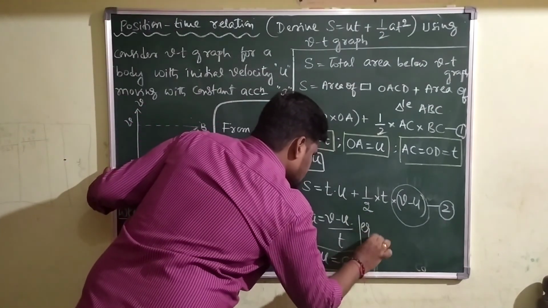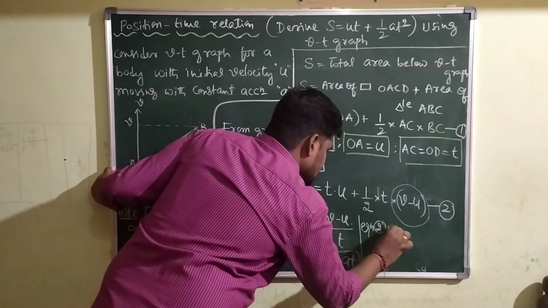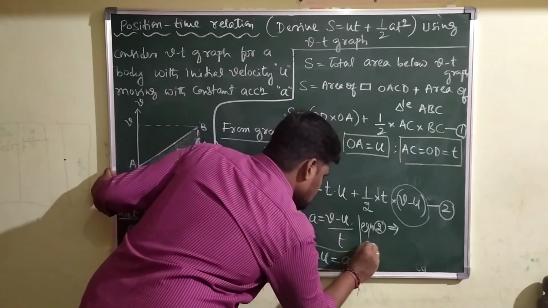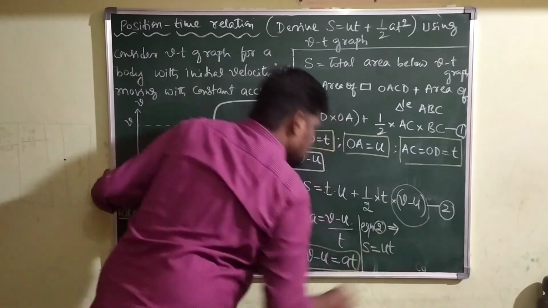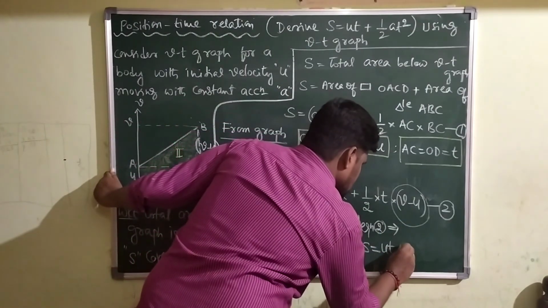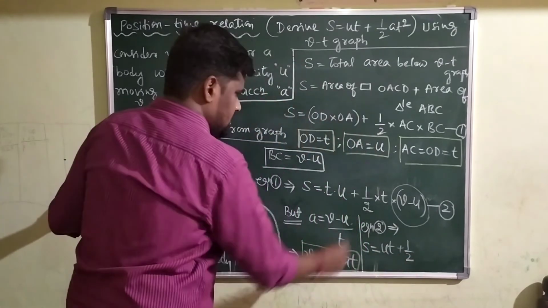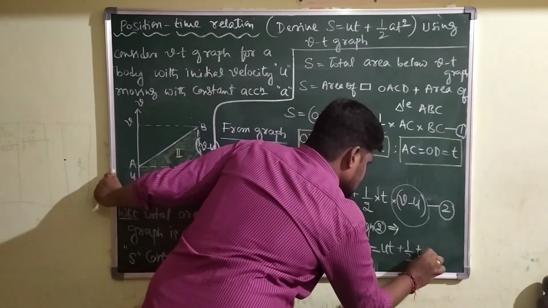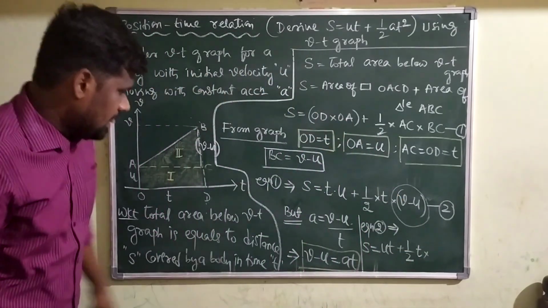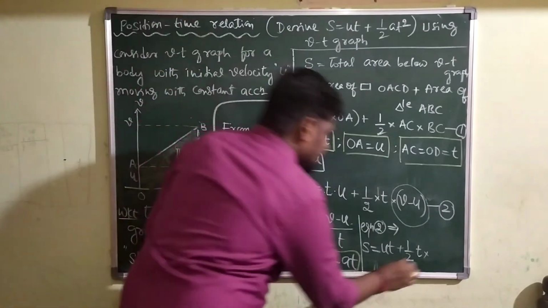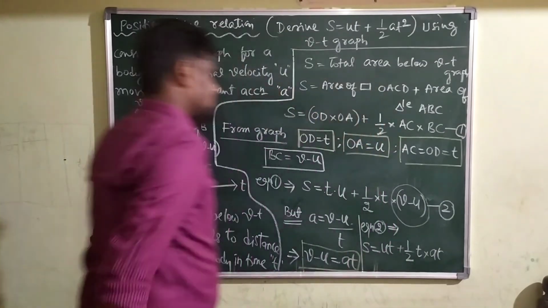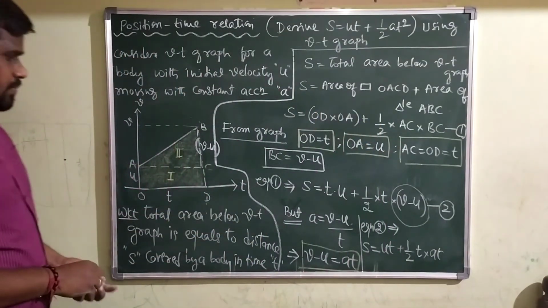Now what happened to equation number 2? S is equal to T into U, that is UT, plus half, T as it is, multiplied by V minus U. V minus U is how much? AT. Write on the last step here.